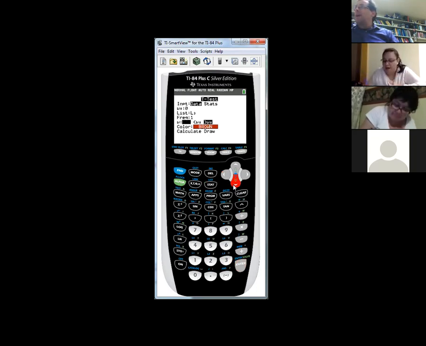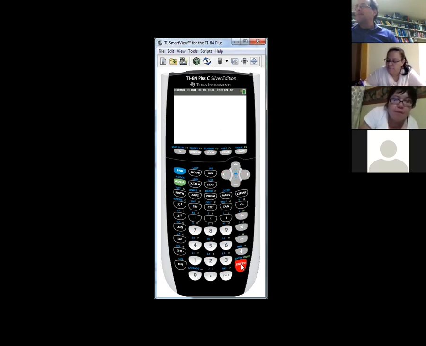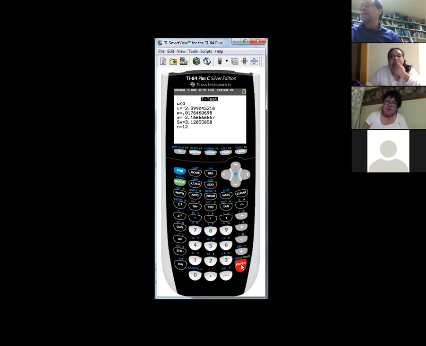And if you remember, our hypothesis was a less than. We go to calculate and enter. And what do you notice? P is less than 0.05. Yeah, the p-value is 0.0176. And that is less than 0.05.